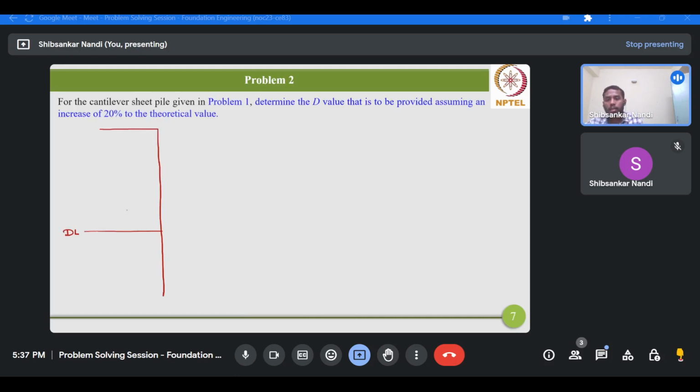So we'll basically start at a depth of 4 meters, that is from the water table location.